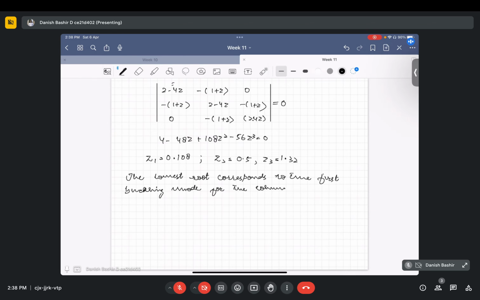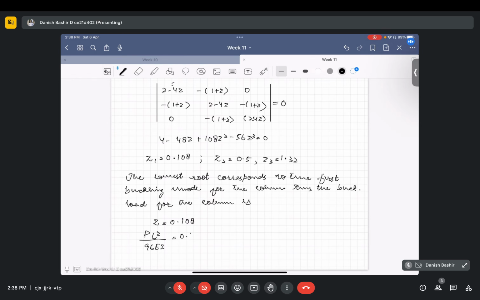Thus the buckling load for the column is, for z equal to 0.108, where z is equal to PL square by 96 EI, with P replaced by PCR.